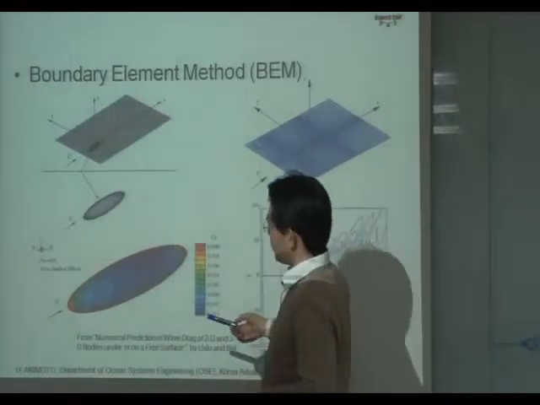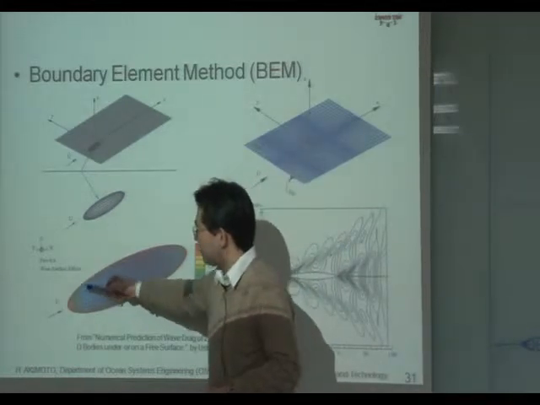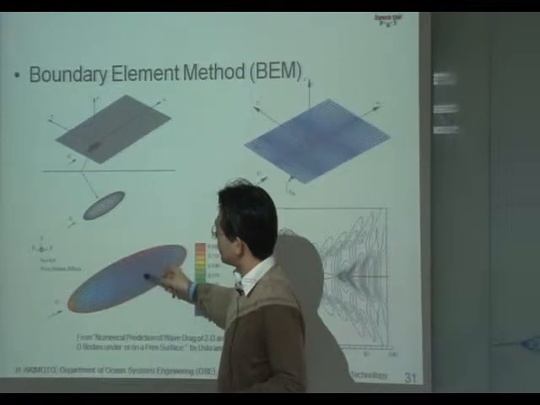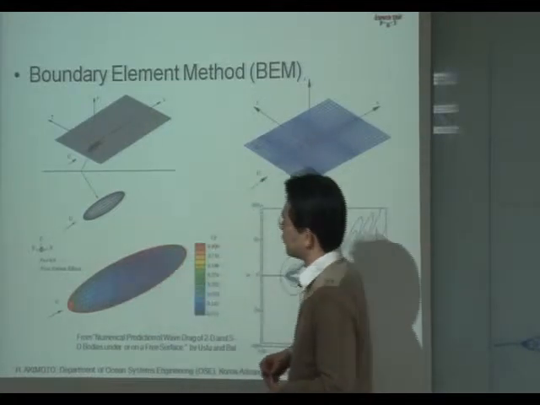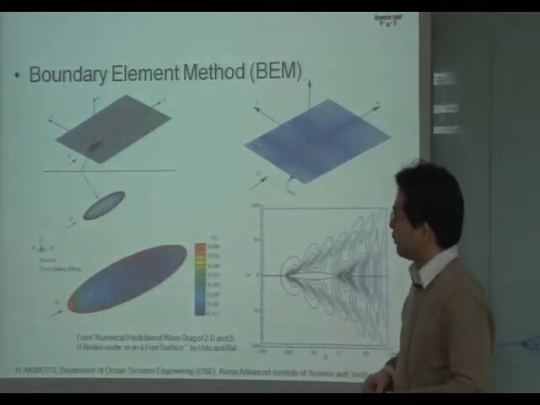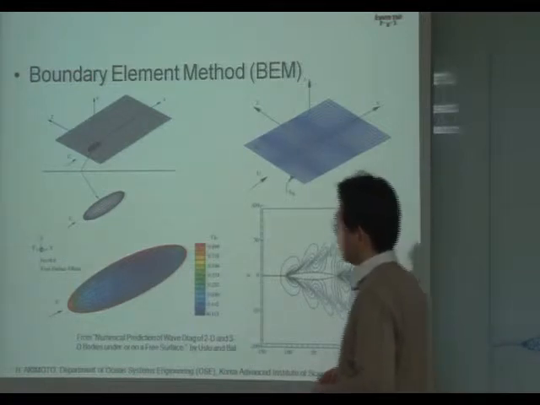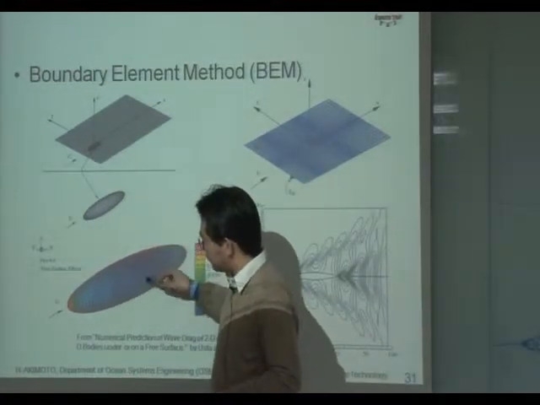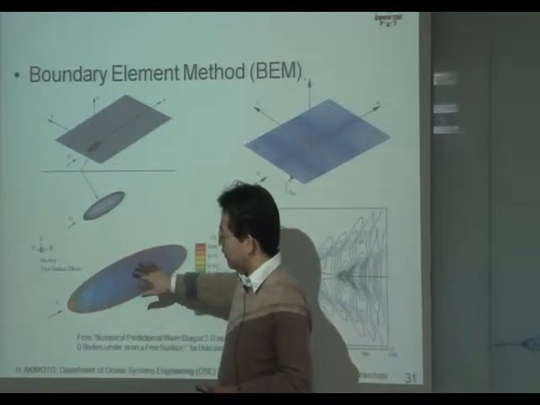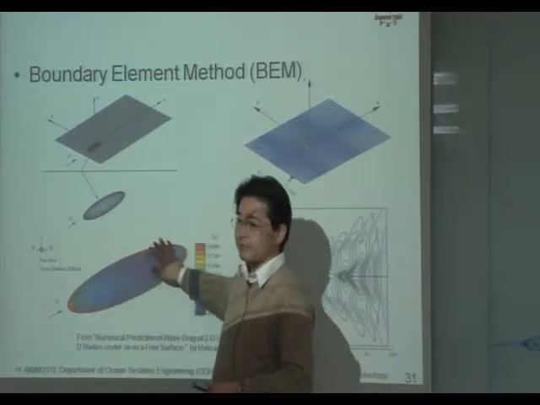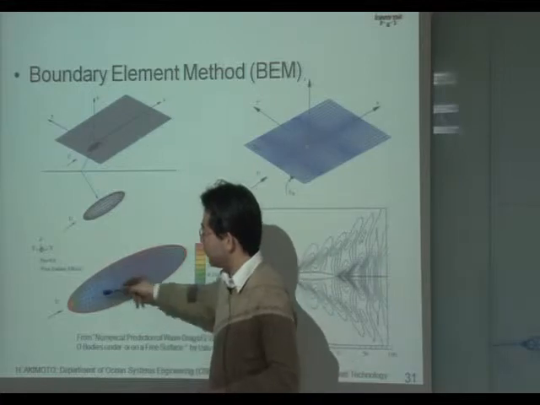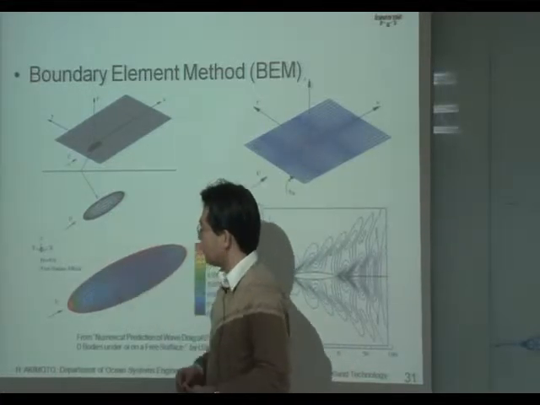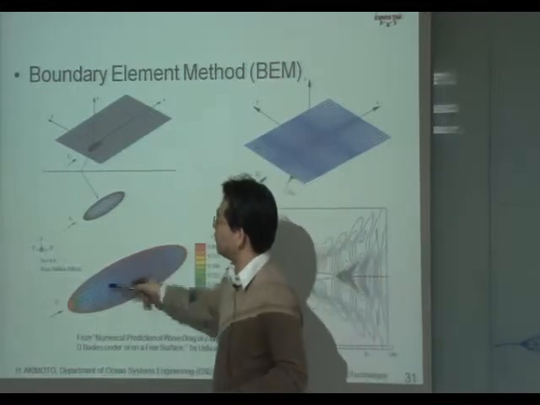The basics is providing panels on the body surface. In this case, it is a submerged spherical body. You can make a mesh, but this mesh only exists on the surface. You can calculate the magnitude of source on each panel.